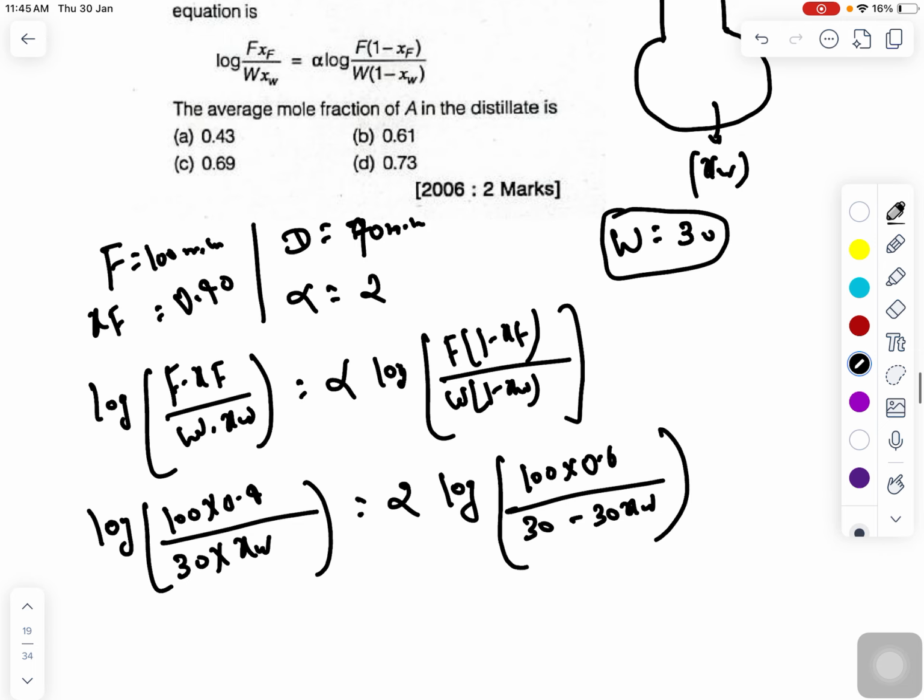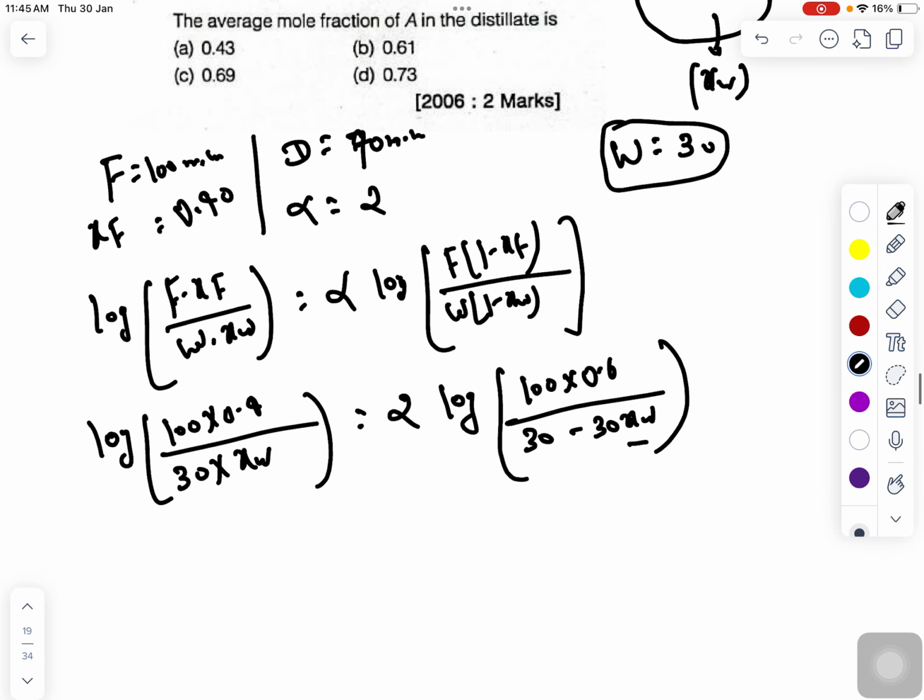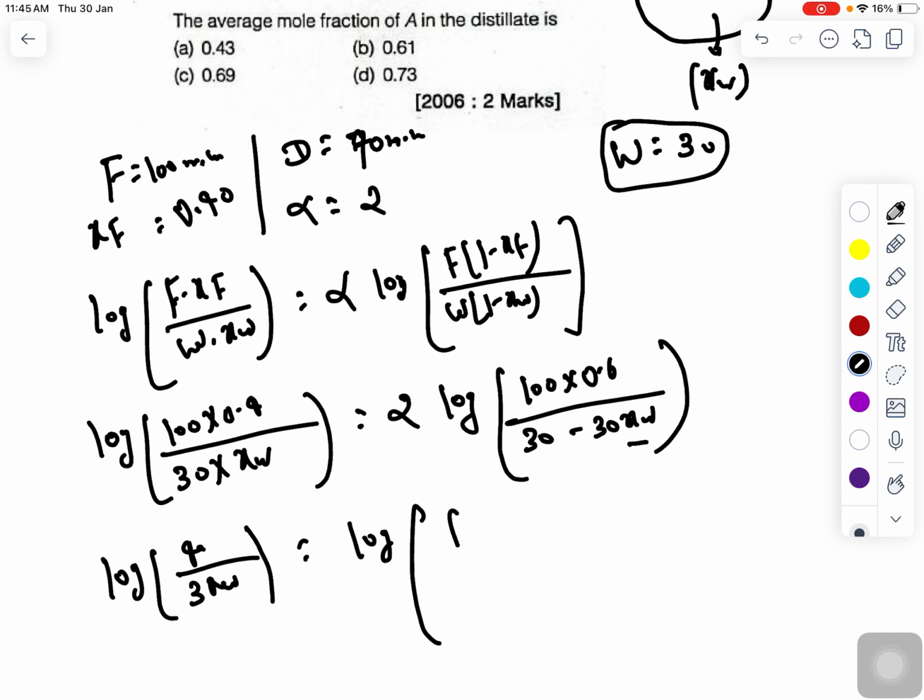Is that clear? So directly we can calculate from here, and this one you can write as log 4 divided by 3 XW equals log 60 divided by 30.